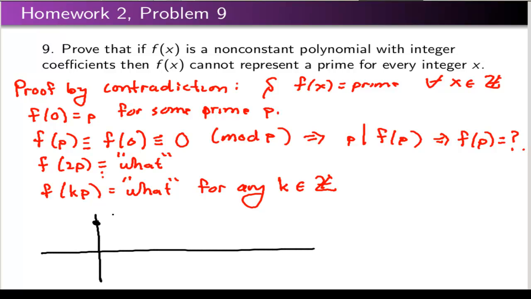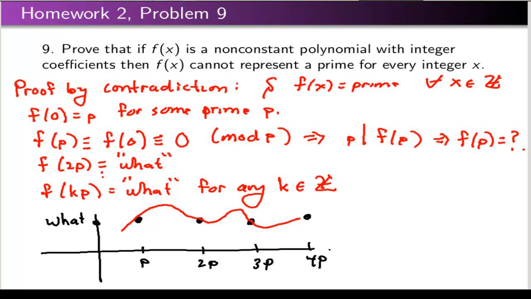Here's your what value, and here's p, 2p, 3p, boom, boom, boom. So you're graphing a function, polynomial, and somehow it's just wobbling around and it keeps hitting this what value here. And ask, how is that possible?